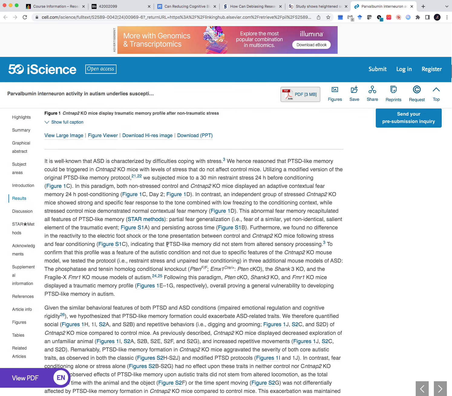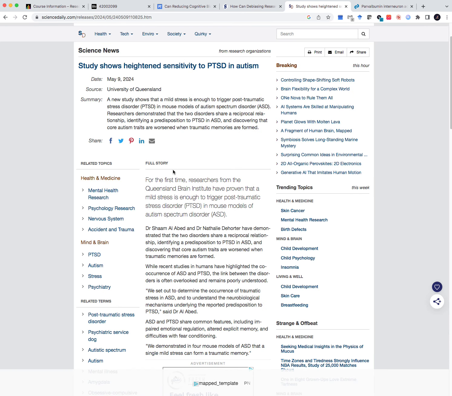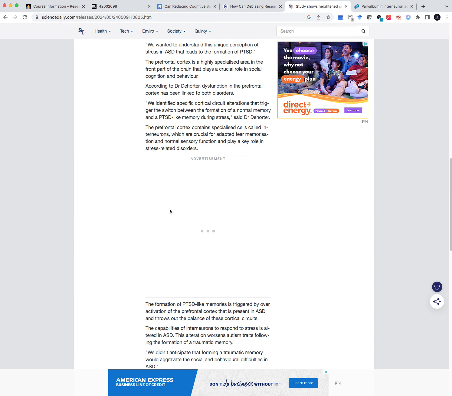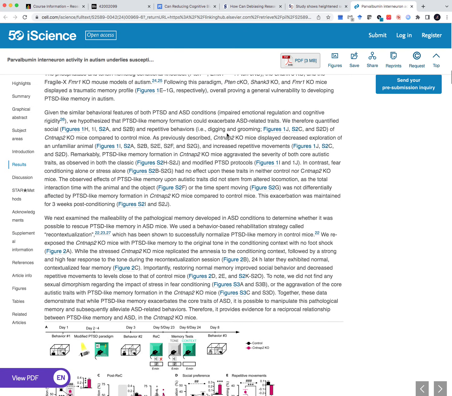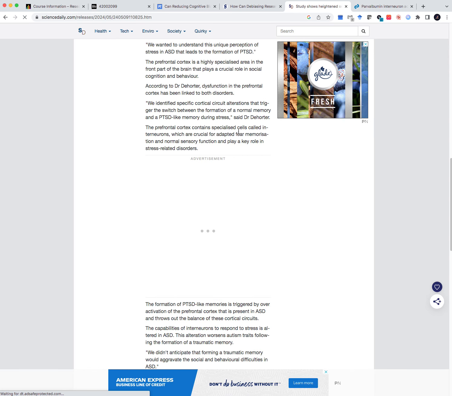Okay? So again, this would satisfy the criteria. So you found an article in the media that discusses a specific study that was conducted. And here is that original study that was the inspiration for this media article.